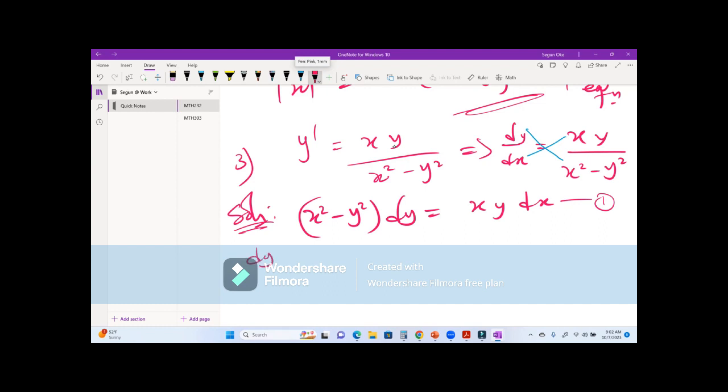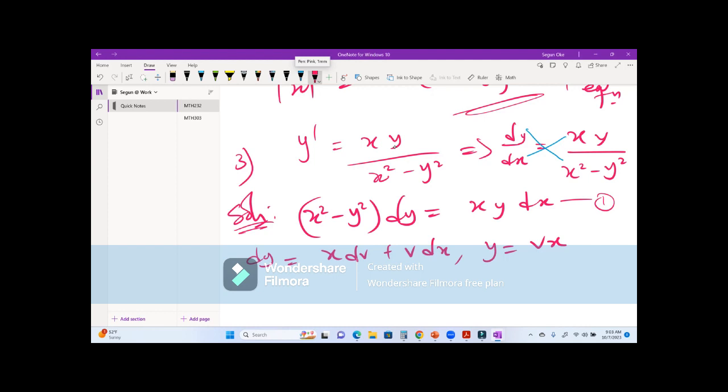Remember that our dy is the same thing as x dv plus v dx. We did that the other time. So I can substitute it there. So what do we have here? We can arrange this one. And don't forget, your y is the same thing as vx.